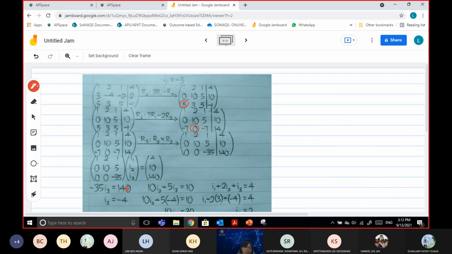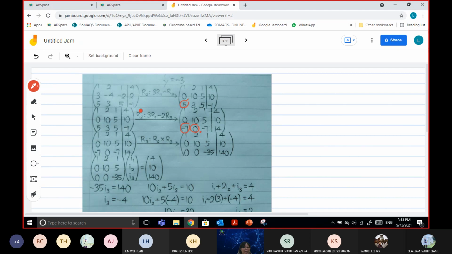So if we don't follow the sequence, when we go to the next step and want to change this to 0, there is a chance that the 0 you obtained earlier may be affected. You get what I'm trying to tell you? So that's why we follow the sequence. Following the sequence will make it easier to do it.